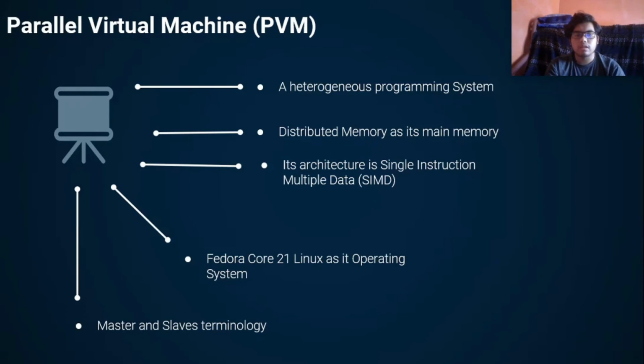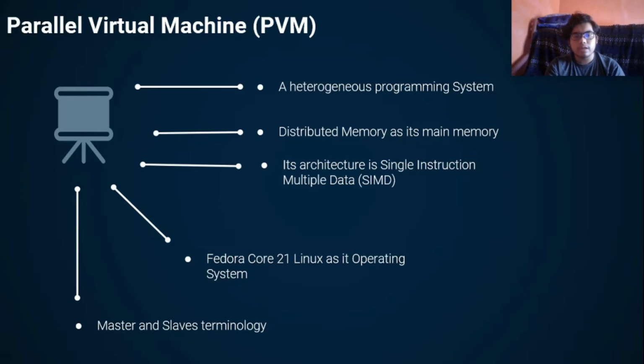Message routing, data transfer, and task scheduling are all handled by the PVM architecture's network. A library of standard functions enables task initiation and termination across a network, as well as global communication and task barrier synchronization. In this paper, the most recent version of PVM is PVM 3.4.6, which is integrated with the Linux Fedora Core 21 operating system.